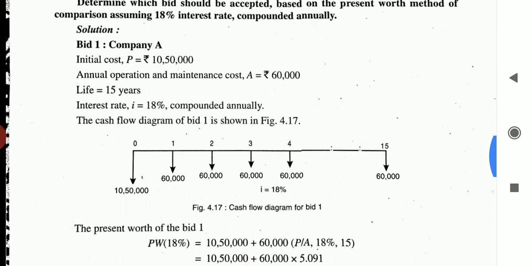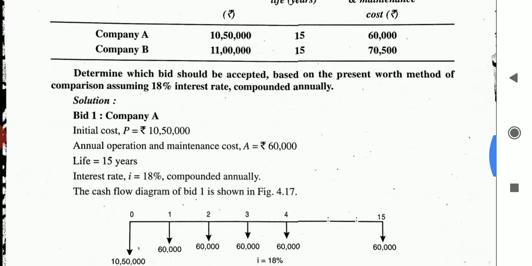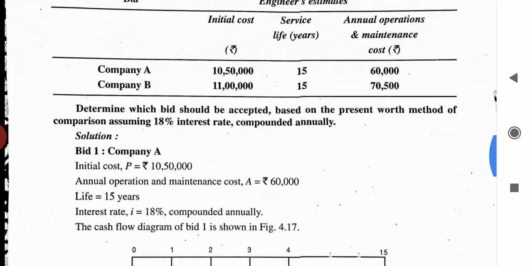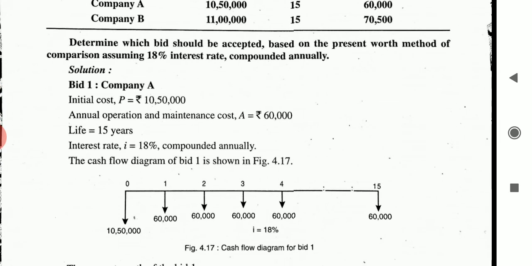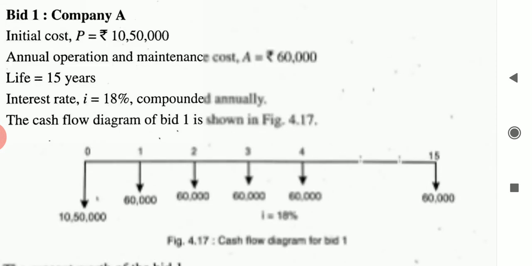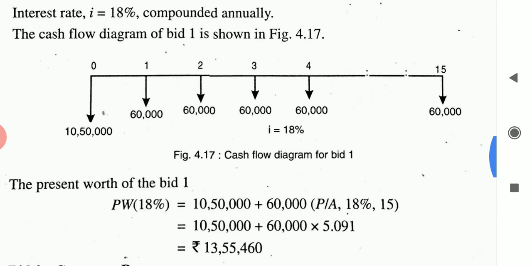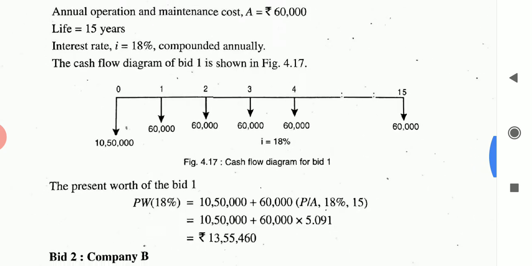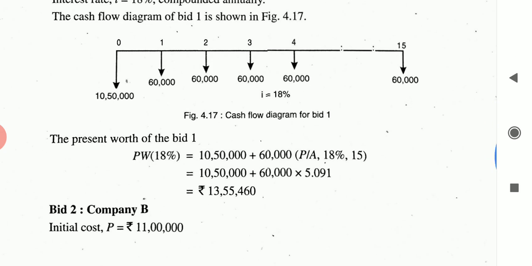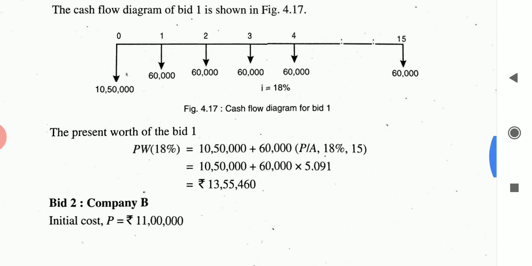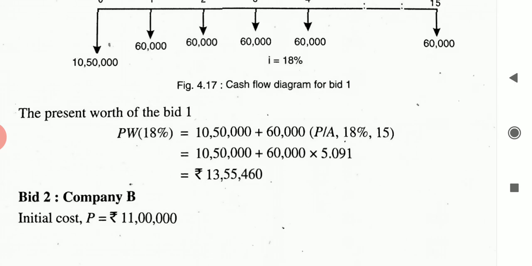See here what he mentioned. For alternative, company A, P equal to 10,50,000 and maintenance cost for 1 to 15 years is 6,000. Okay, in these cases he didn't give a salvage value, so we have to take the salvage value as 0. So we have to calculate the present worth at 18%.